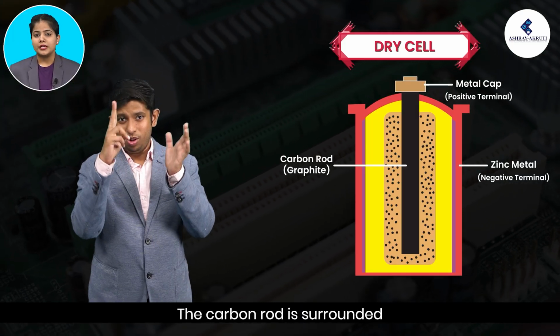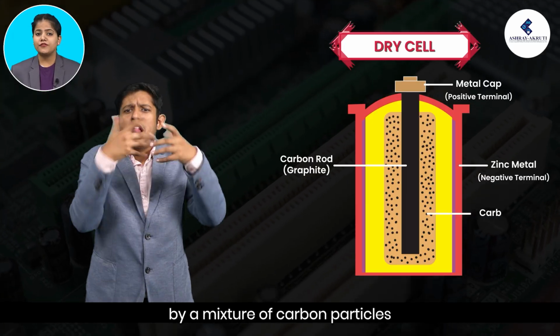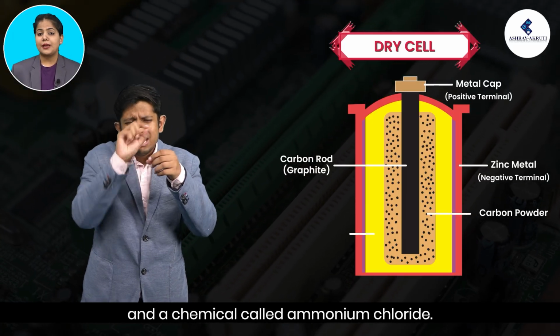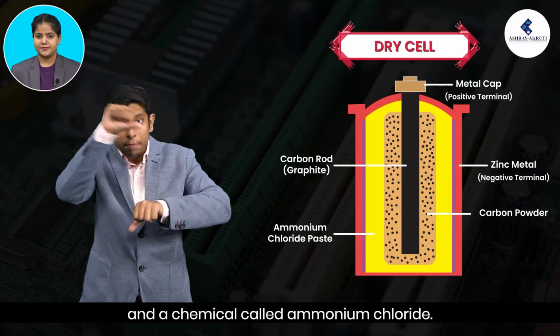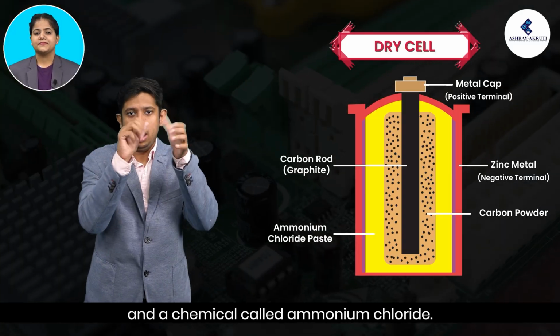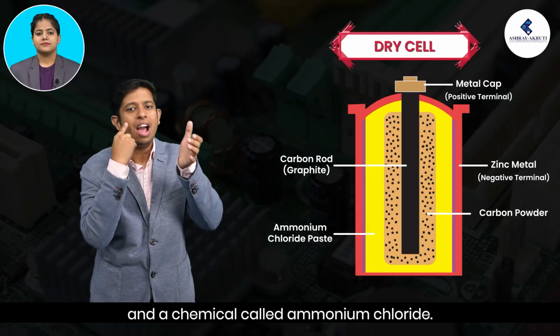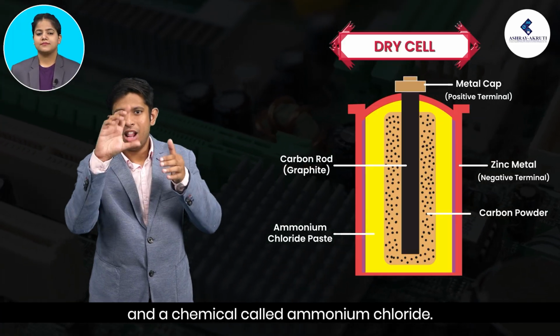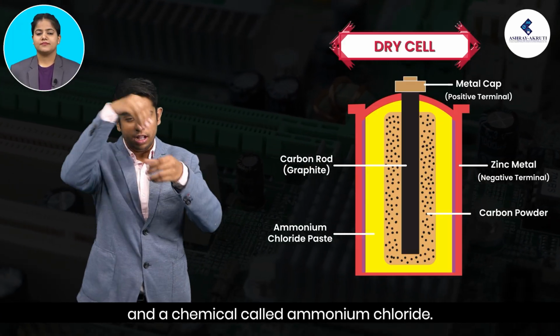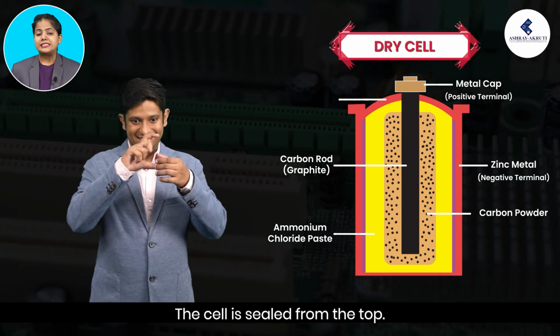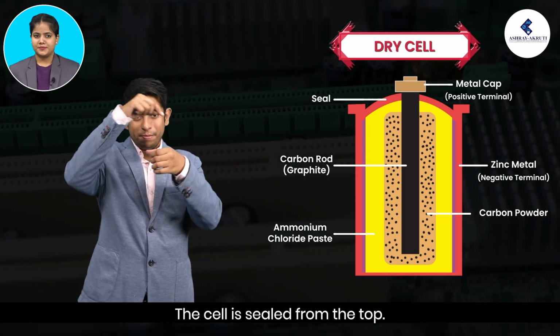The carbon rod is surrounded by a mixture of carbon particles and a chemical called ammonium chloride. The cell is sealed from the top.